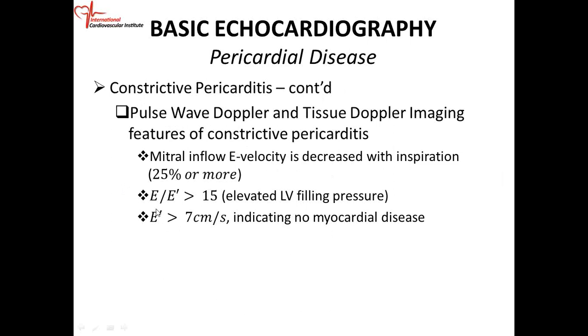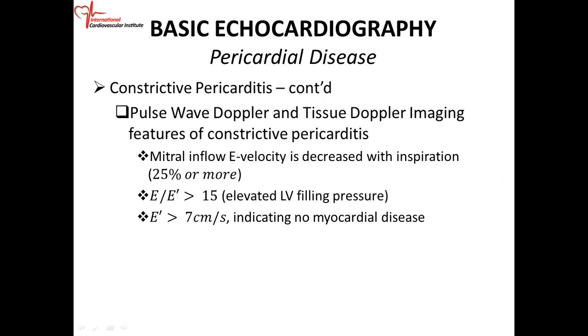With heart muscle disease, your E prime is usually less than 7 centimeters per second. As a matter of fact, we talk about annulus paradoxus, where the medial E prime is usually very, very large.